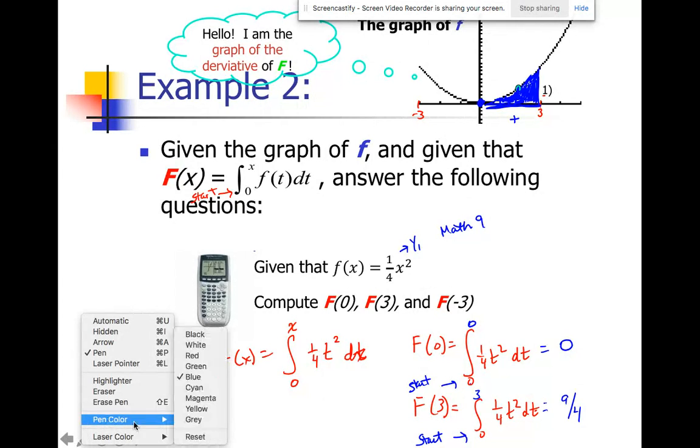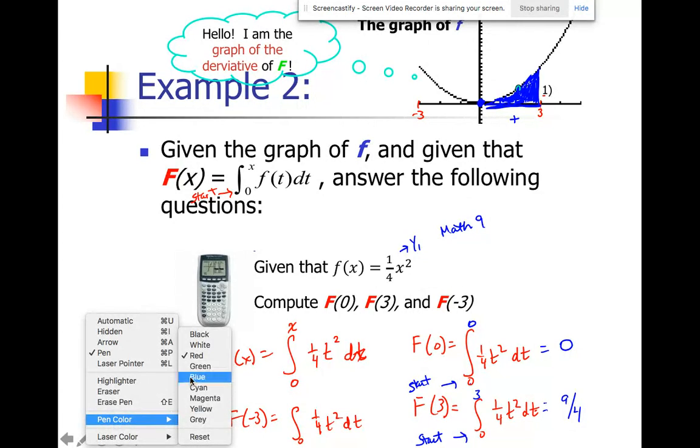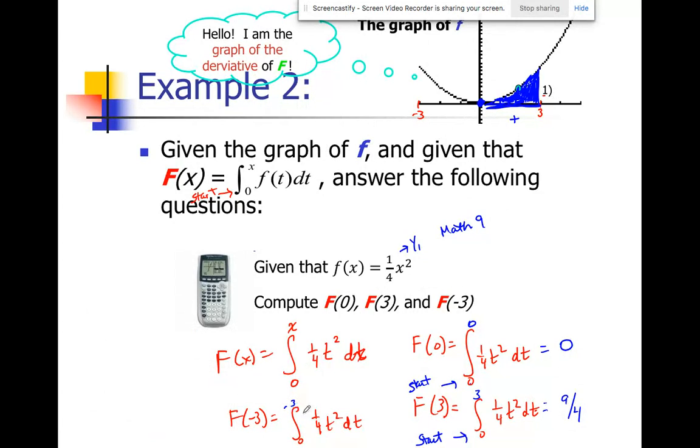But now what happens when you do F of -3? Just hit second enter on your calculator and change the 3 to a -3. What do you get? Are you surprised? I hope not. You can see visually that those two blue pieces are the same because of the symmetry of that parabola.